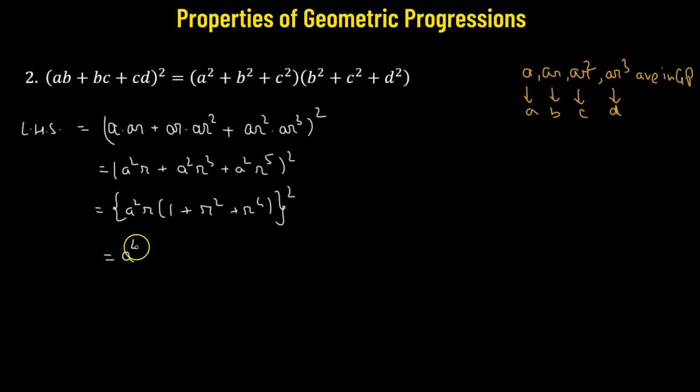Or simply we have a raised to the power of 4 times r squared multiplied by (1 plus r squared plus r raised to the power of 4) whole squared.